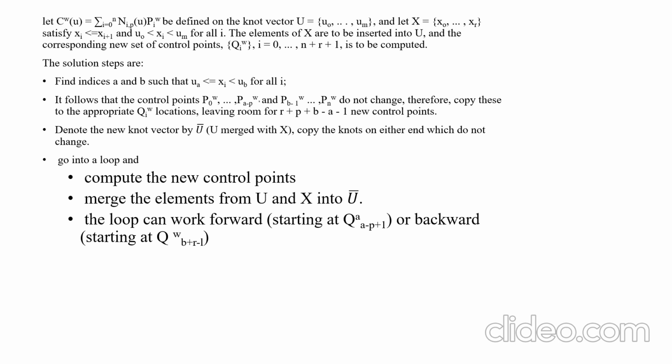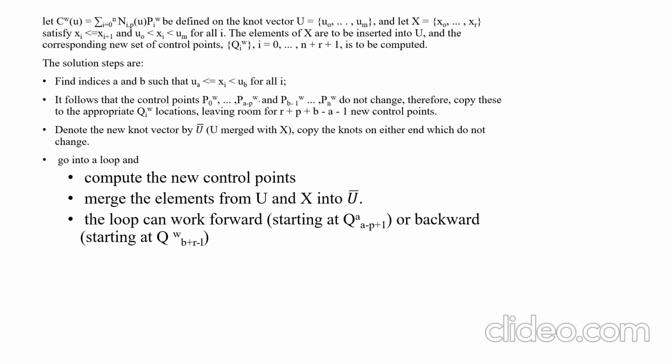The solution steps don't require any difficult mathematical calculations. Those are very simple. At first we have to find two indices a and b such that ua <= xi < ub for all i. It follows that the control points P0^w to Pa-p^w and Pb-1^w to Pn^w do not change. Therefore, copy these to the appropriate Qi^w locations, leaving room for r + p + b - a - 1 new control points.